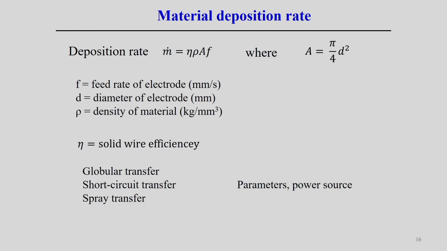Now, we have discussed the different kinds of metal transfer associated with the gas metal arc welding process. Basically, we talked about the modes of metal transfer in gas metal arc welding, and apart from that we discussed the CMT process and how it is advantageous in terms of metal transfer mechanism compared to gas metal arc welding.